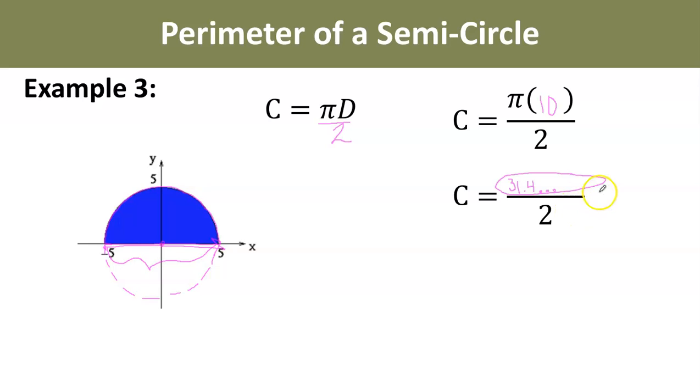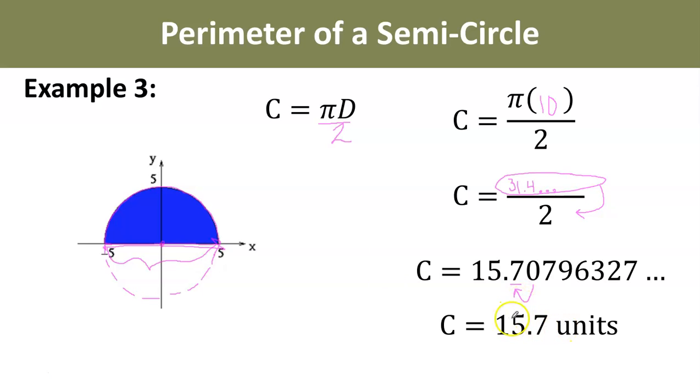And now I'm going to divide that entire number by 2. And I get a value of 15.7079637. At this point, I will round it to the nearest tenth, and I get 15.7 units. Just this curved portion has a length of 15.7 units.